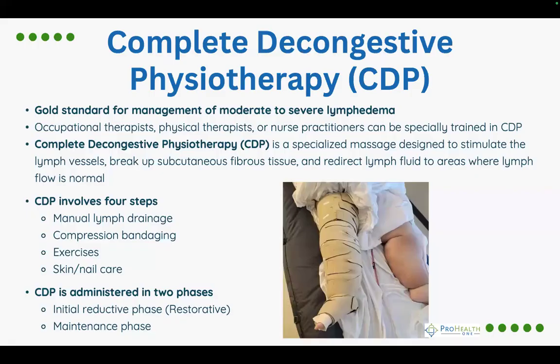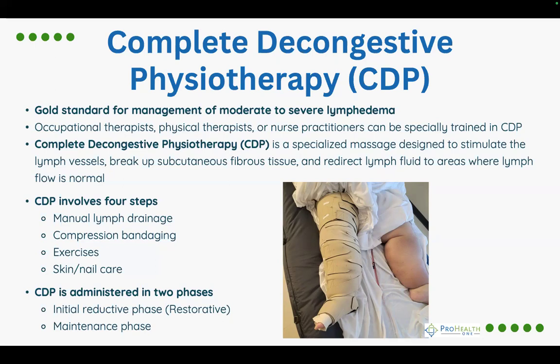So talking a little bit more about complete decongestive physiotherapy. Like we were just talking about, this is the gold standard for the management of moderate to severe lymphedema. Usually they have a certified lymphedema therapist, a lot of times the occupational therapist or physical therapist or nurse practitioners that are trained to do this.